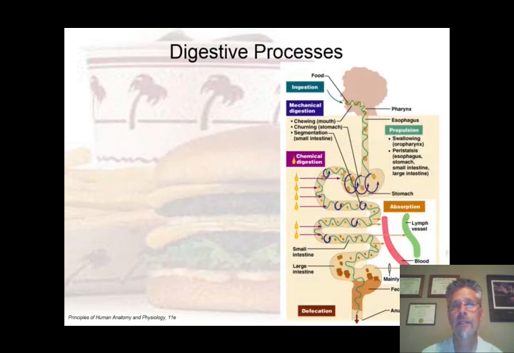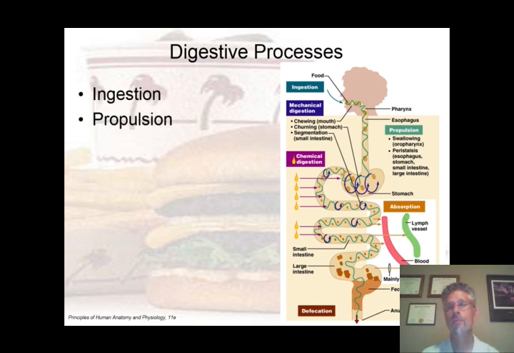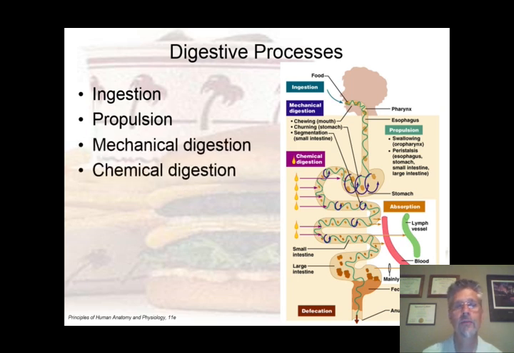So knowing the different digestive processes that are occurring as well is going to be important. So ingestion, propulsion, moving it through this disassembly line, two different types of digestion, both mechanical, like chewing things up, and chemical. Chemical will be a bit more detail oriented because we need to learn the chemicals, if you will, that aid in this breakdown process, in this decomposition.